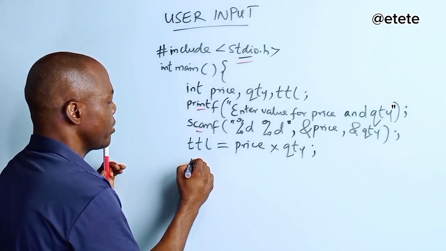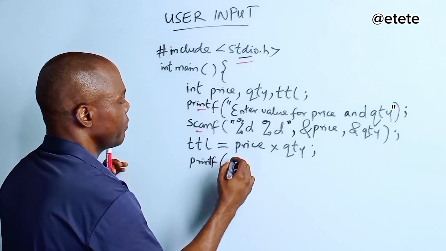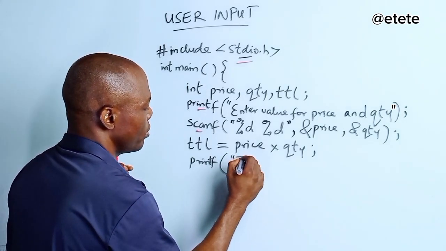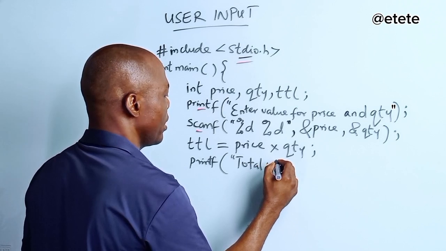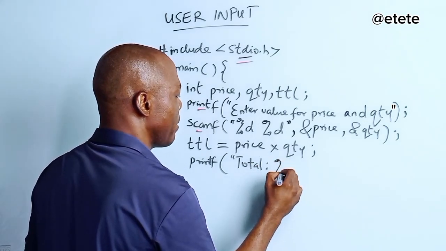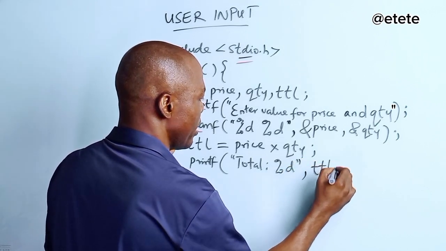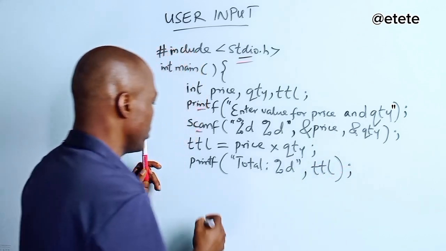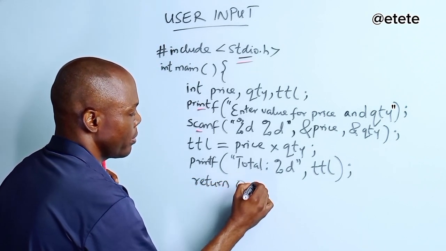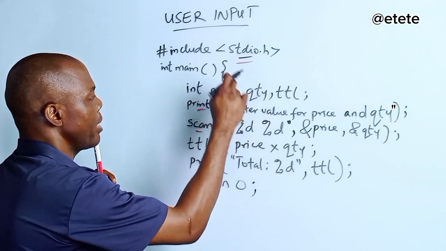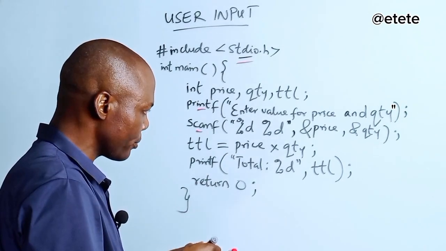Then I will come here and I will say printf total, then I'll do my %d, then TTL. Then I will close this statement. Then I will say return 0. Then I will close my curly bracket. So this is my program.